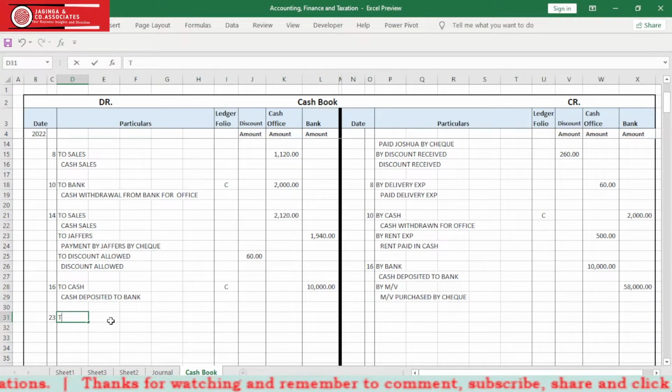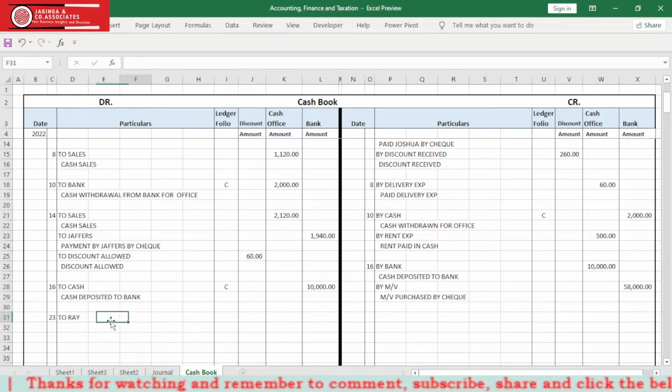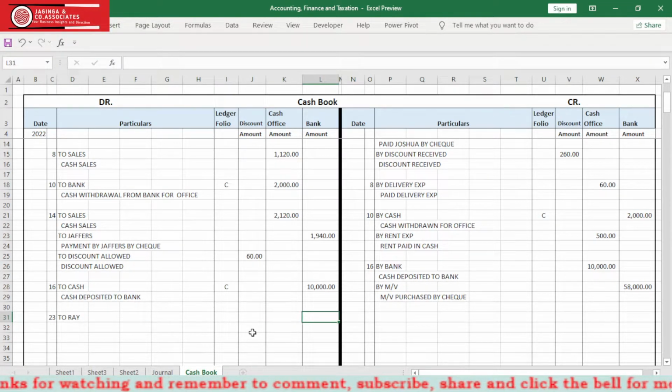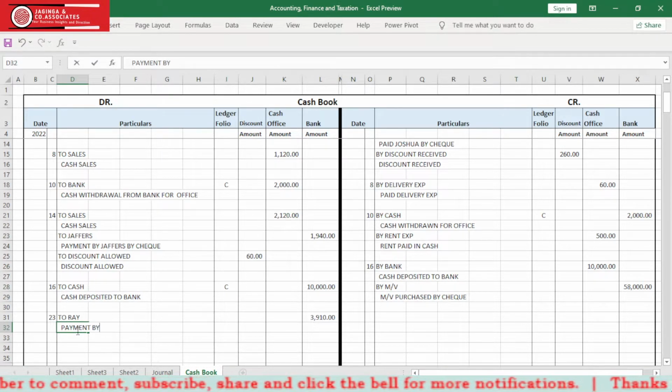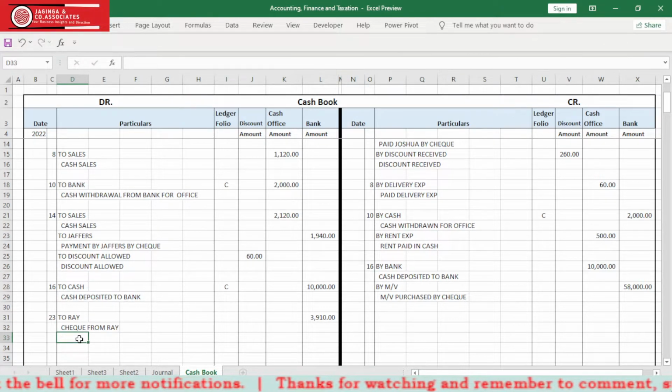So here we'll write to Ray, received a check of 3910. Payment by Ray. Let's just write check from Ray. Check from Ray, and then on the same day, rather the Ray was given a discount of $90.